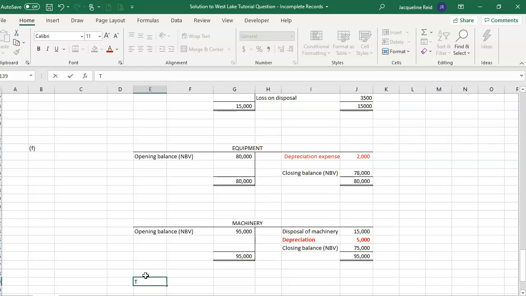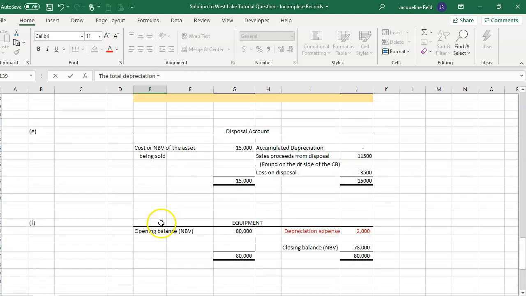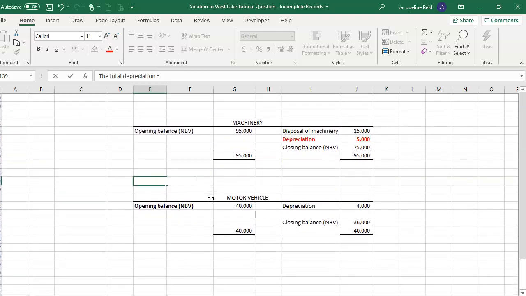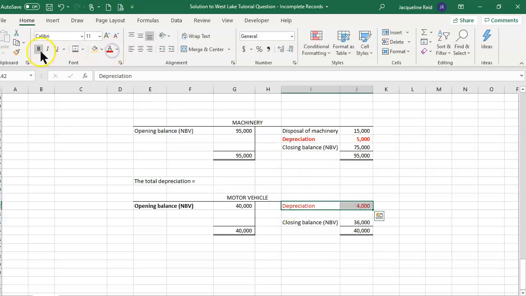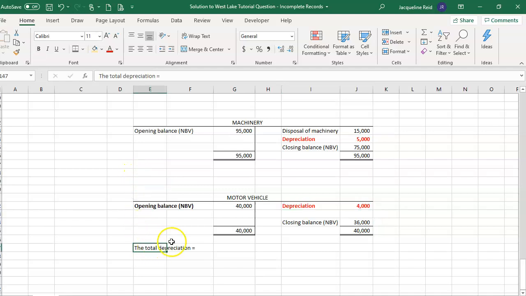So the total depreciation is equal to $2,000 plus $5,000 plus $4,000. That sounds like $11,000.